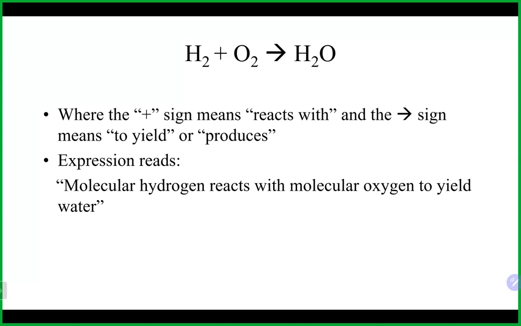We're going to talk about balancing in just a second, but sometimes people want to balance and write the formulas at the same time. And usually what ends up happening is you end up with the wrong formulas, and things will not balance. So you always want to go in that order. If you have things in words, you shouldn't worry about the equation and balancing it. You should just make sure you get all the proper formulas down.